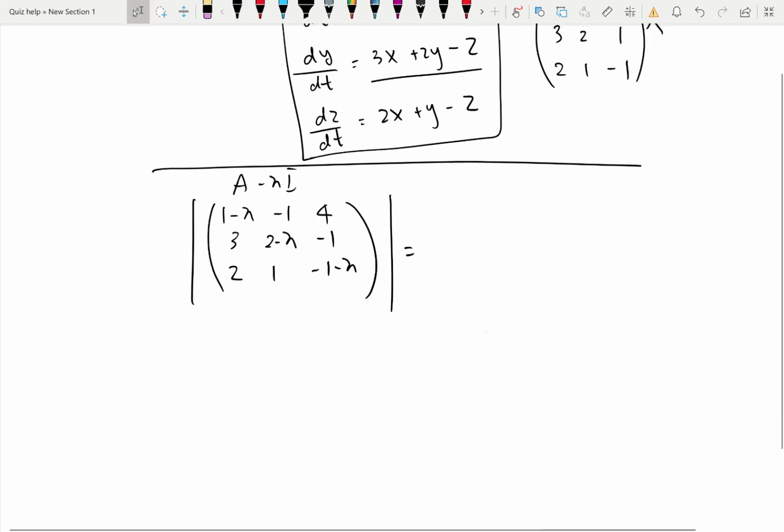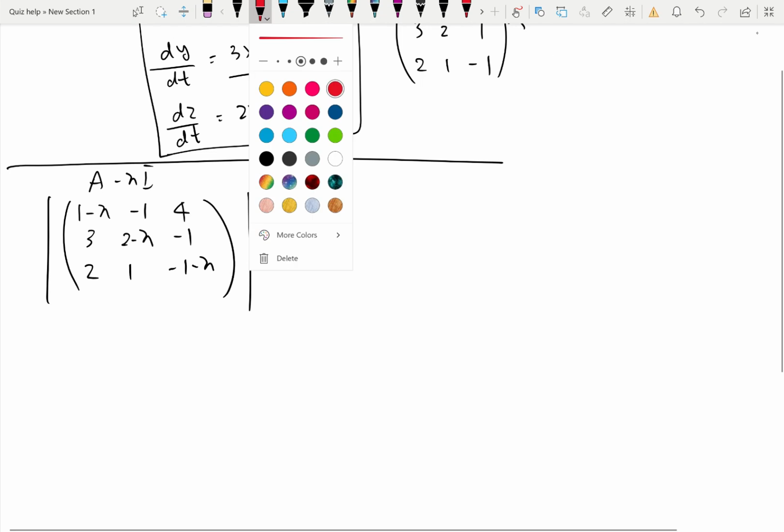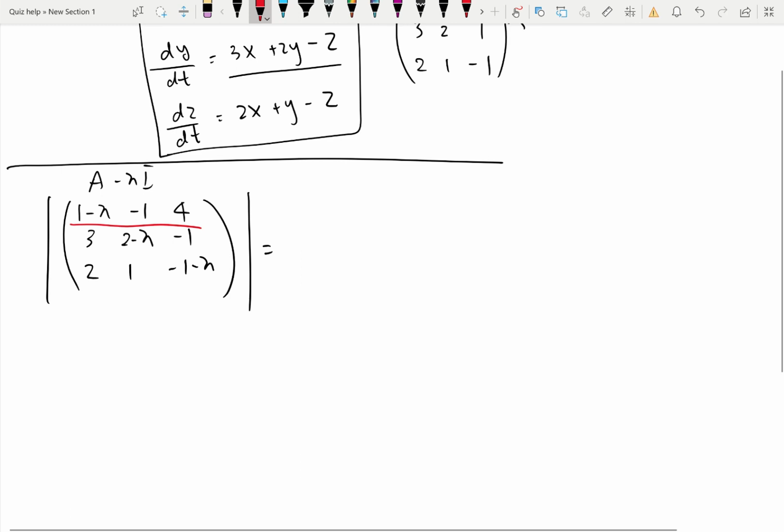When you find the determinant here, usually what I do is use the first row. Take the first element, 1 minus lambda, times the determinant of this part: 2 minus lambda, negative 1 minus lambda, plus 1, right? Negative 1 times 1 is minus 1, so plus 1.